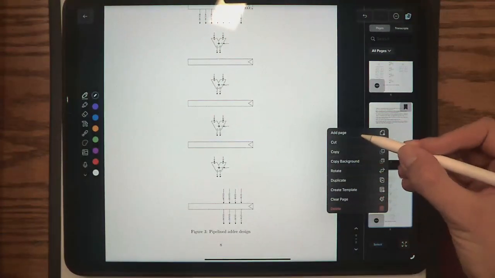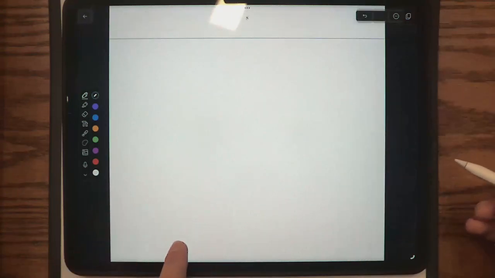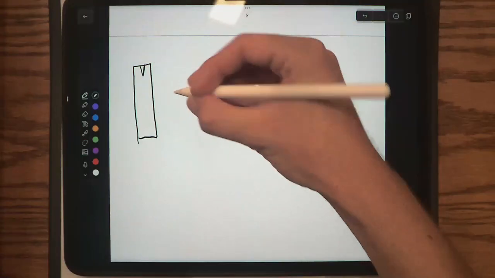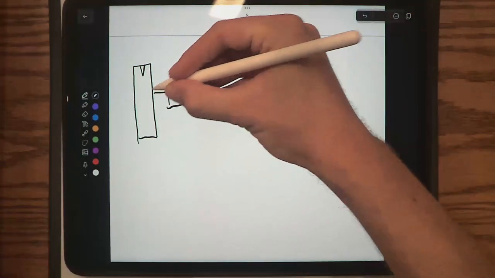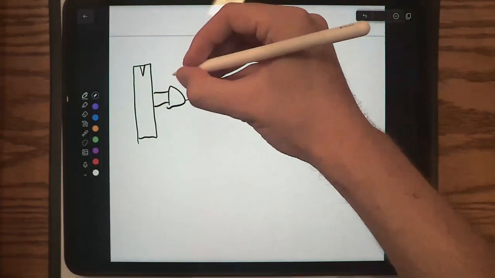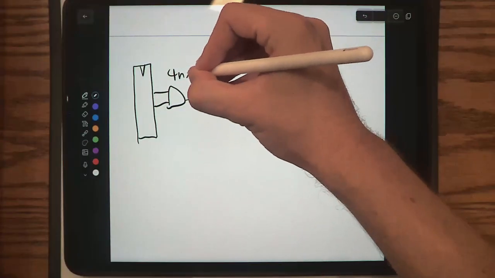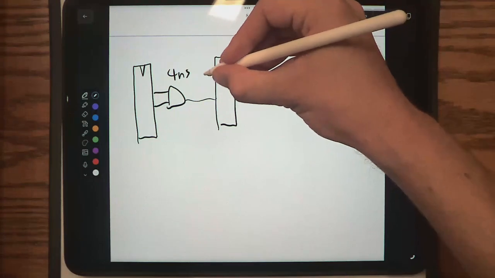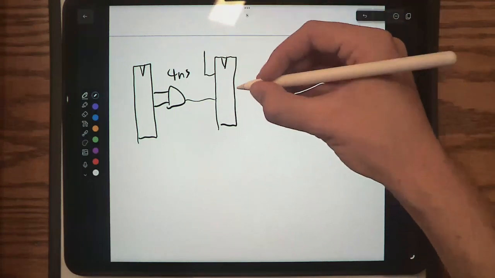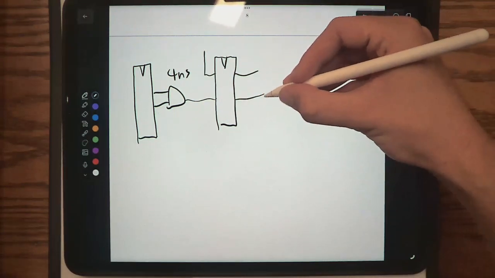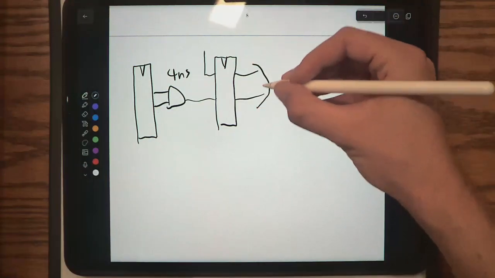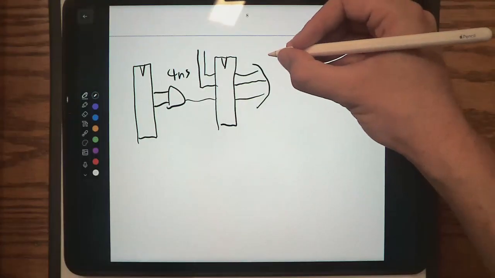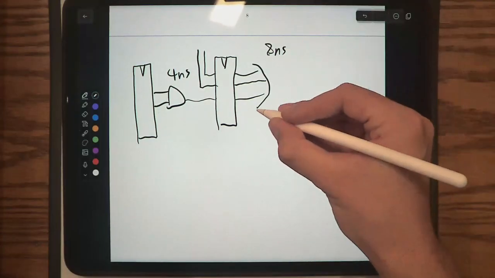So let's say this AND gate is 4 nanoseconds, and then it goes into another flip-flop, and then maybe this has some input that's fed from something else, and then this comes in and has maybe an OR gate. Maybe this is a 3-input OR gate, and this runs at 8 nanoseconds.